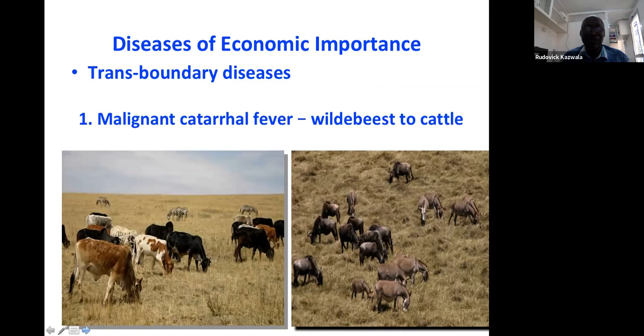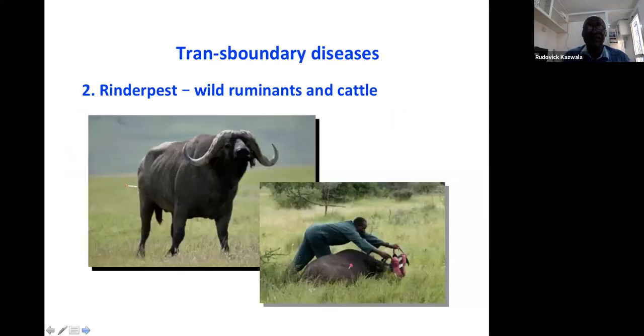And in our ecosystem, especially around Serengeti and Ngorongoro, you find that there's mingling of domestic animals, as you can see in those images, with the wild animals. And that can lead to transmission of diseases.